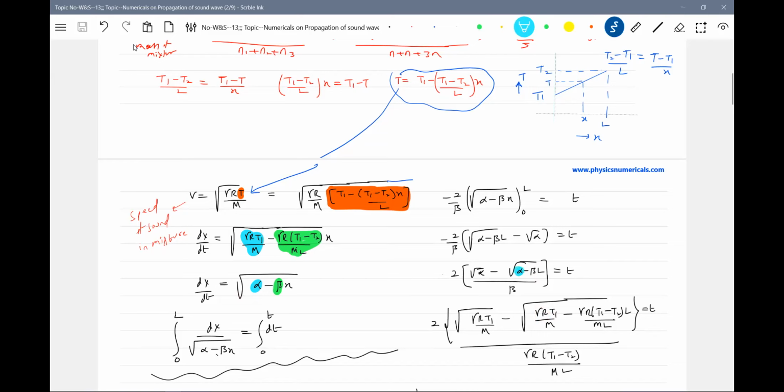This was alpha, and this is beta. This will be our final answer. It's simple, only the integration you may find a little difficult.